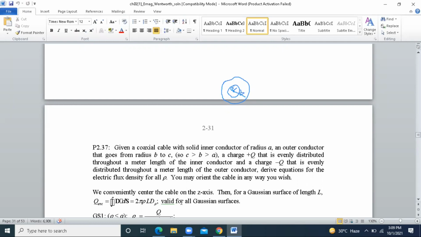So D dot dS is just this. You get that? Yes, sir.